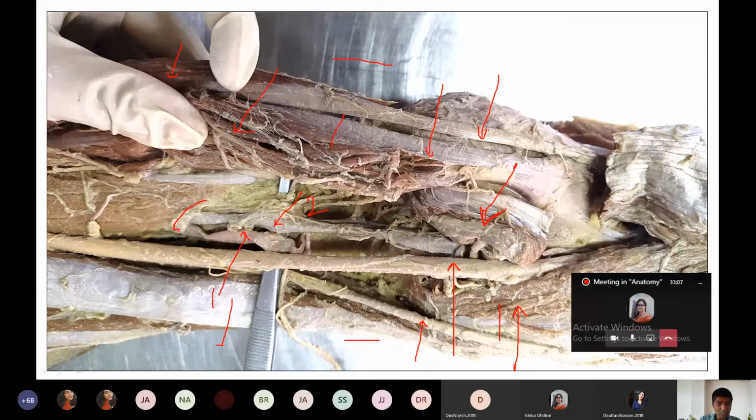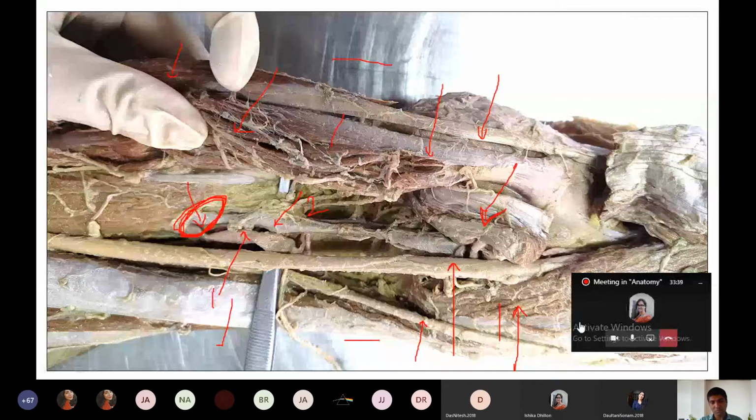And here is another structure you can see. This is also a possible question for you. I have made one foramen here. Can you identify what this foramen is? Anyone can contribute the answer. If the arrowed foramen or the encircled region is given and you are asked to identify it, then what will you write?